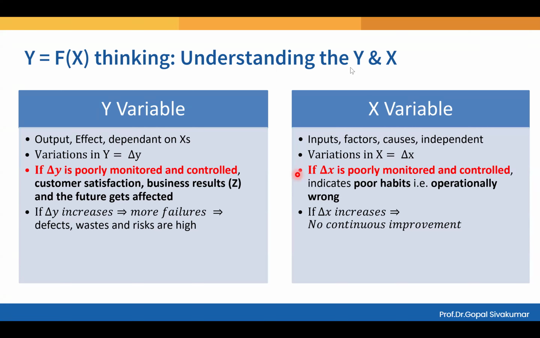But at the same time, we need to understand whether our Y is a measurable characteristic or a countable characteristic. In your example, it is a countable characteristic. You just wanted to see 10 chocolates, isn't it? You just wanted to understand whether 10 chocolates are there or not. But suppose it is a measurable characteristic, let's say I'm concerned about the size or the weight of the chocolate. If I weigh each and every chocolate, will it be exactly the same?